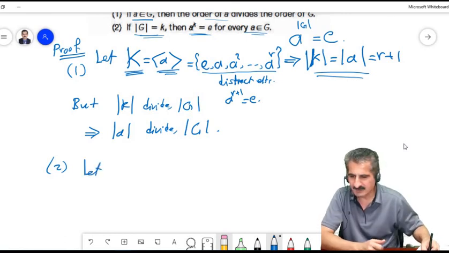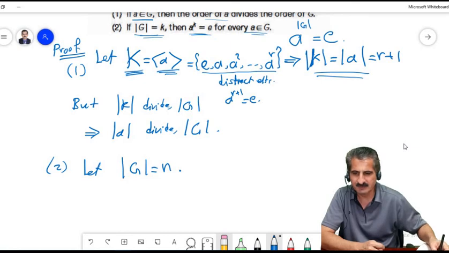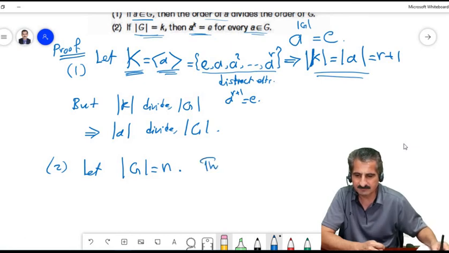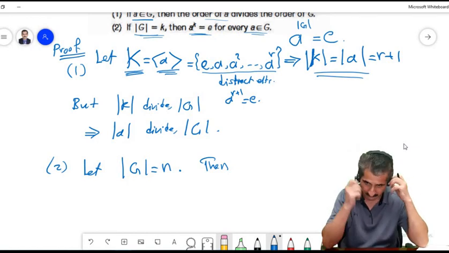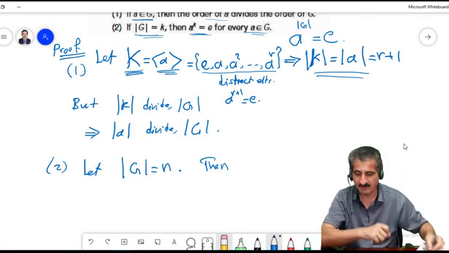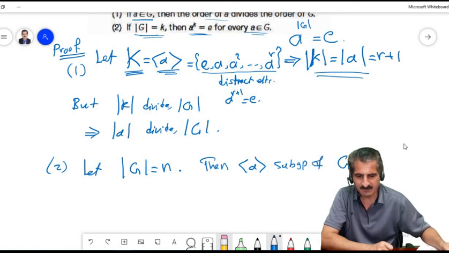Let's say the order of G equals n for some n. Then the subgroup generated by A is a subgroup of G, right?